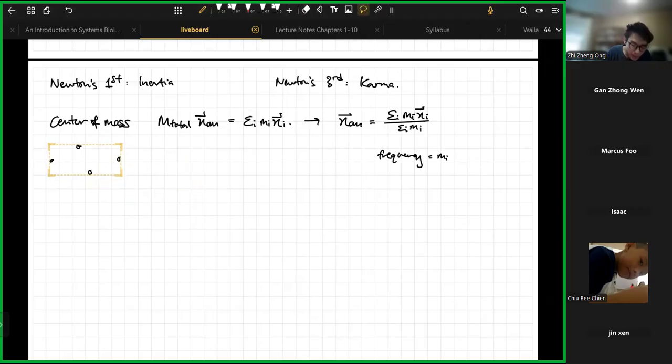Why is this important? Newton's first law says that because of inertia, things that move will keep moving. But then there's a trick. Instead of individual particles, you talk about the total of all of them. Assuming all four masses are the same, I'll eyeball the center of mass here, but it should be around the middle of all four masses.